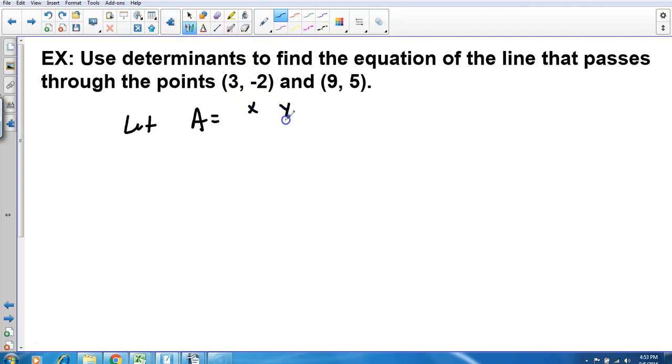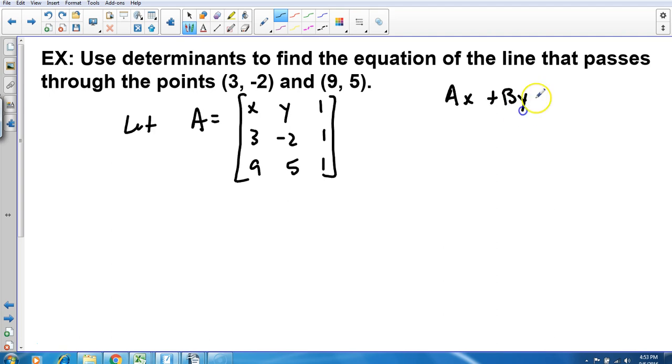So x, y, and 1. Now 3, -2, 1, and 9, 5, and 1. We're going to let A equal that. Why the 1s? Well, we know that the equation of the line is going to look like this.